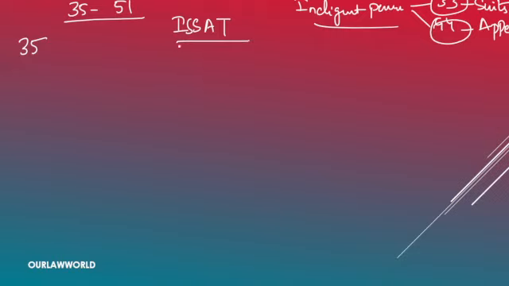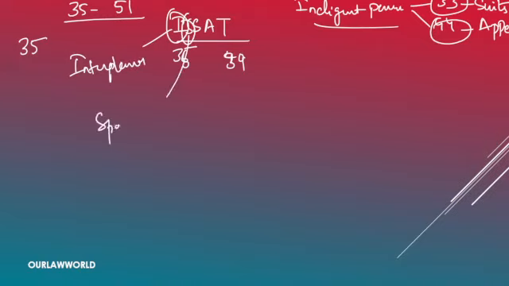So for ISAT, from 35 to 39 you need to recall ISAT. So 35 is interpleader suit. 36 is special case.